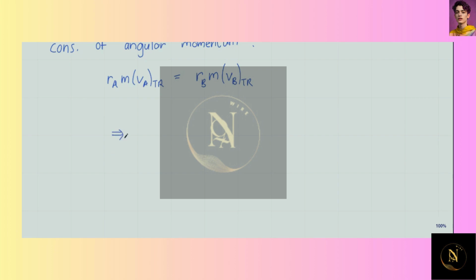So if we rearrange this equation, we can see that the transfer velocity at point B is equal to RA over RB, 2,200 over 2,080 kilometers, times VA TR, which we calculated to be 1,466.7 meters per second.